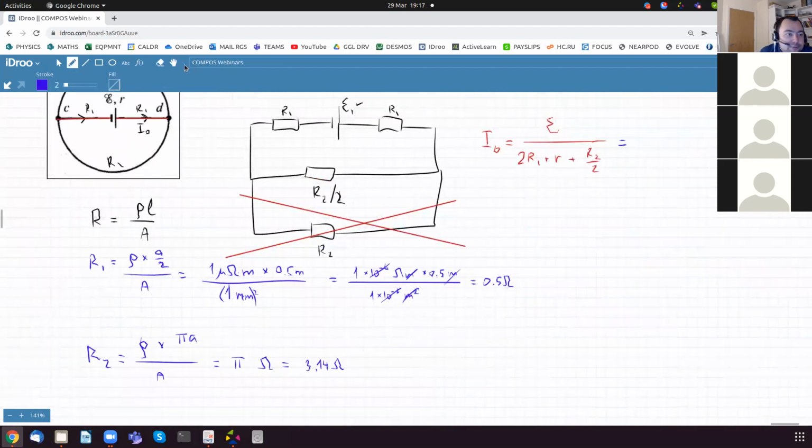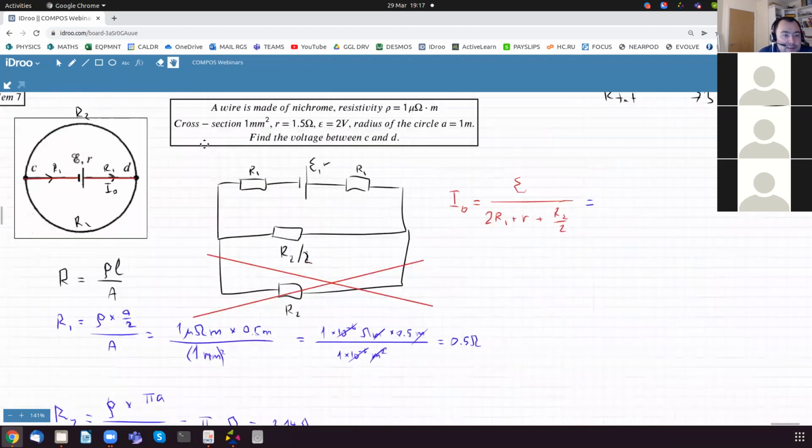So EMF is 2 volts. 2 volts divided by 2R1, so that's 1 ohm, plus internal resistance, which is 1.5, plus half of R2, so it's, well, pi over 2, which is 1.57.